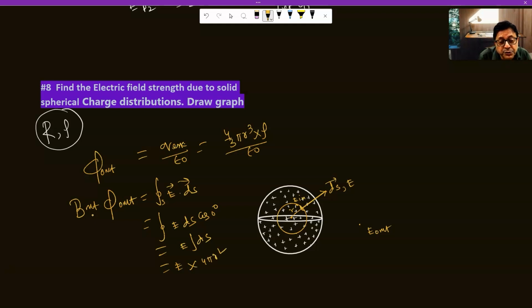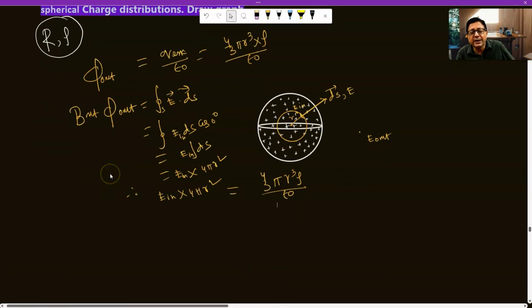Now compare these two fluxes. You write this one as E in into 4 pi r square, which will be 4/3 pi r cube rho by epsilon naught. Clear? Understand?